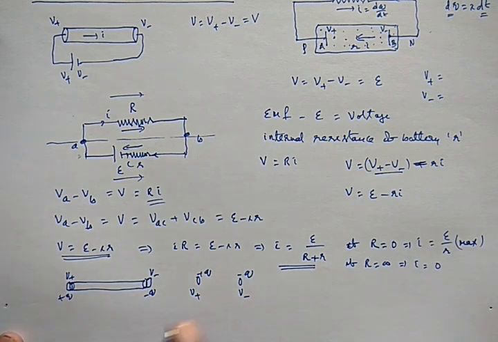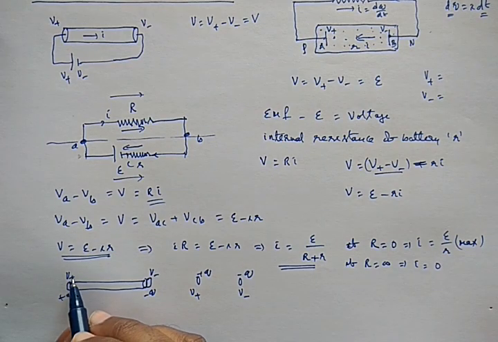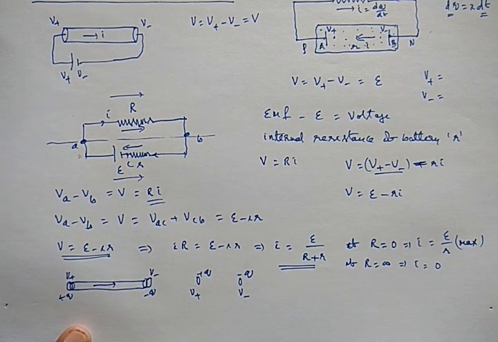When you attach these discs across the ends of this conductor, charges will immediately flow. As charges go from negative to positive, the current in the circuit goes from here to there.